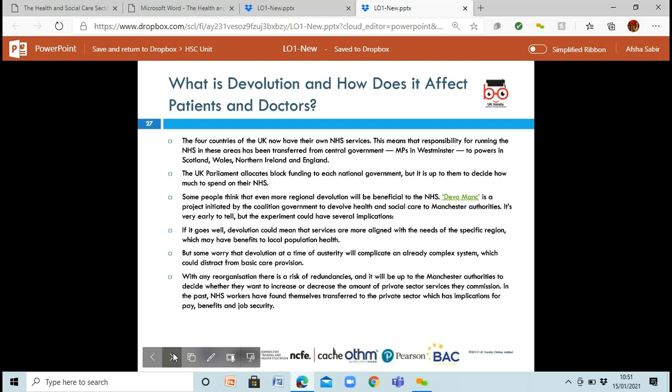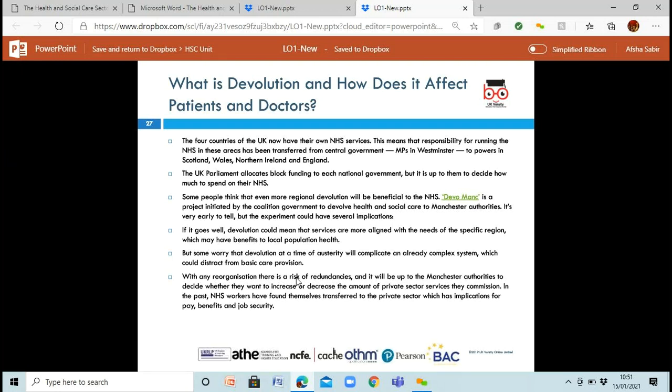Now, what they've done is allocate funding to these separate countries to decide what they want to do with it. They said, this is your money now, you decide how you want to spend it on the NHS. Another thing that is coming out on a regional level, from my understanding still in process, is something called Devolution, a project initiated by the government.